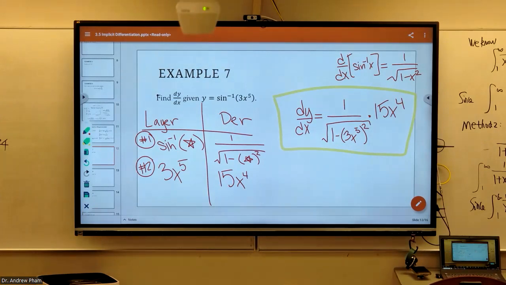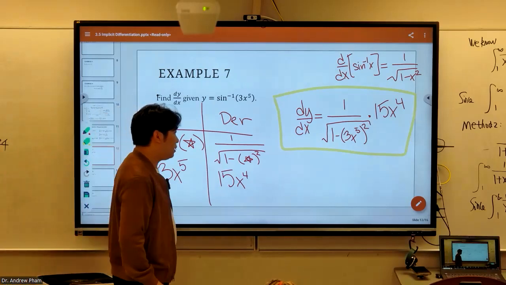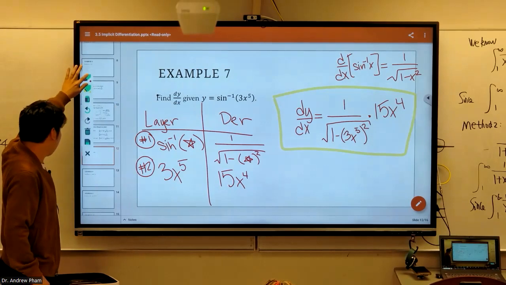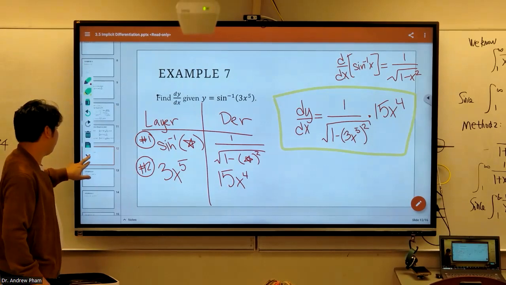All right, so any questions about this example 7? There's a little bit of a mix of the chain rule and then the derivative of my arc sine function. Great, so we're done with this one. Let's go on to example 8.